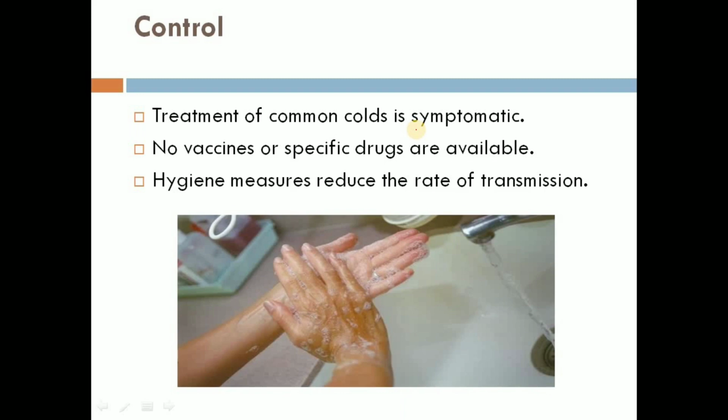So isolate yourself, quarantine yourself, and hygiene measures reduce the rate of transmission. That's very important, and create awareness for all of us. Hand washing for at least 15 to 30 seconds with soap is very important to control this coronavirus infection.